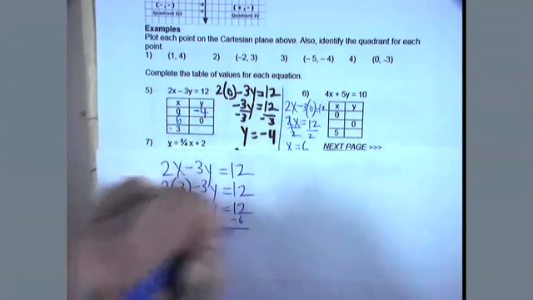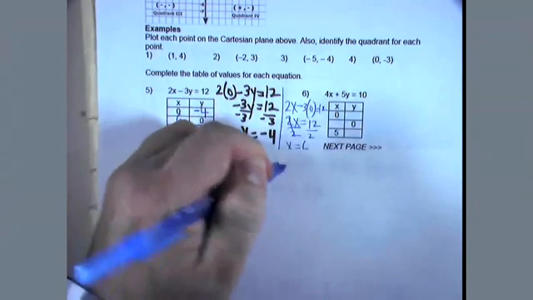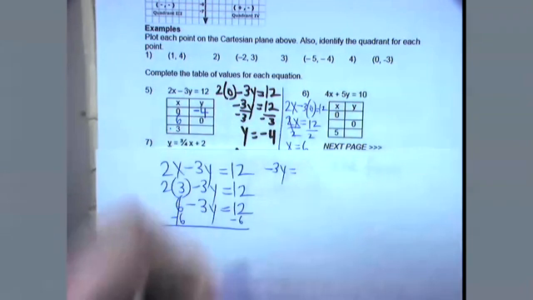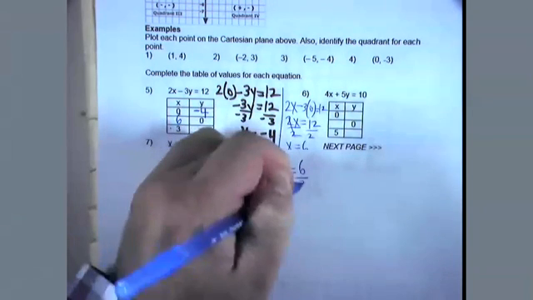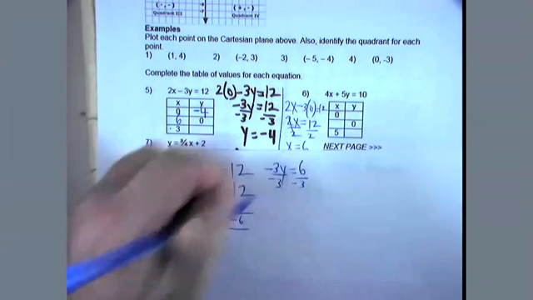So we'll subtract 6 from both sides. And we're left with negative 3y equal to 6. And the last step, divide both sides by negative 3.